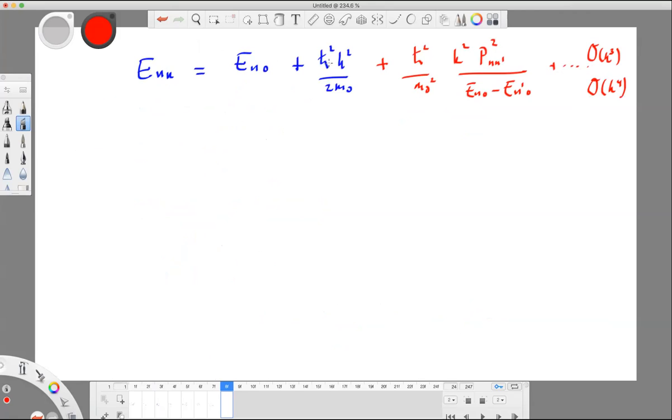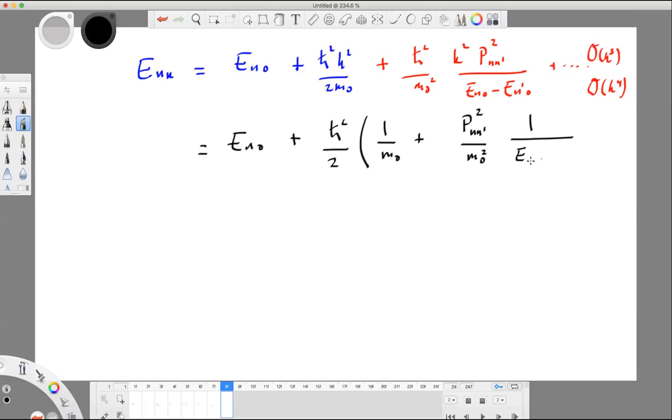Okay, very good. But now we have these two terms that are quadratic. So if we join these two terms, we're going to have some reference point here, E_n0, and then we can extract from here the ħ²/2, and here then we have 1/m0 plus the |P_nn'|² interaction, and you have m0 squared here, and then you have 1 over E_n0 minus E_n'0.